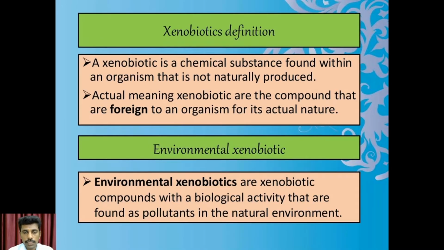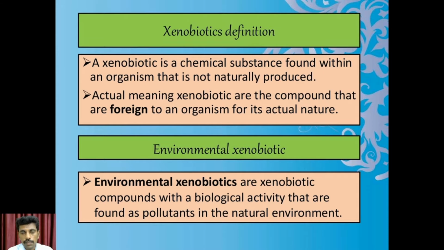Before entering the topic, first we need to know the definition of xenobiotics. The term xenobiotics means a chemical substance that is not a natural component of the living organism exposed to it. That is a strange exogenous substance or anthropogenic material.